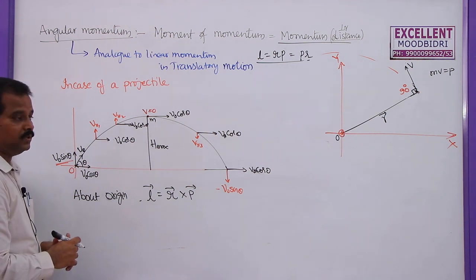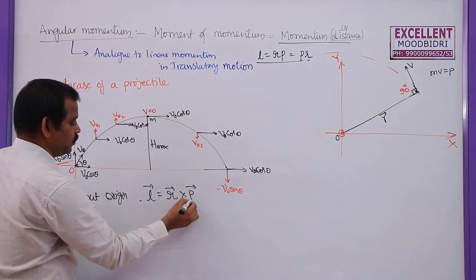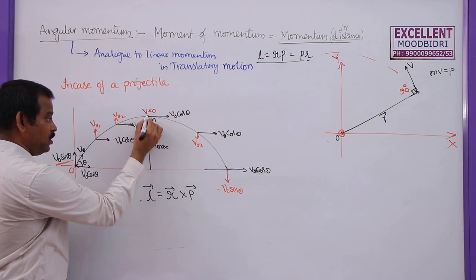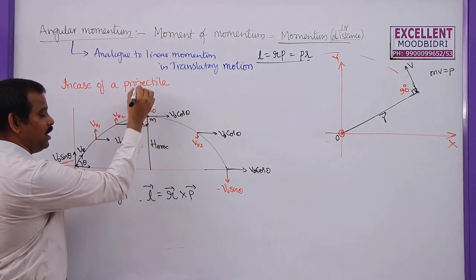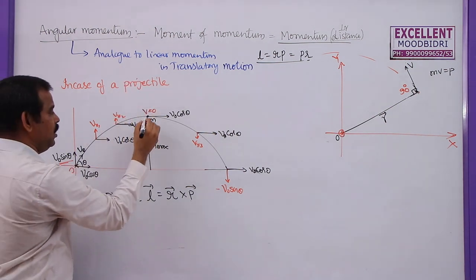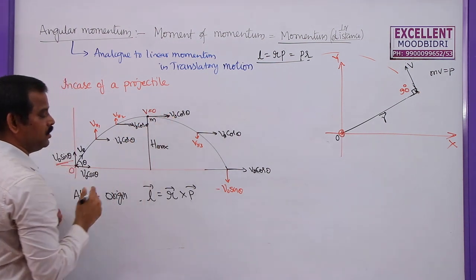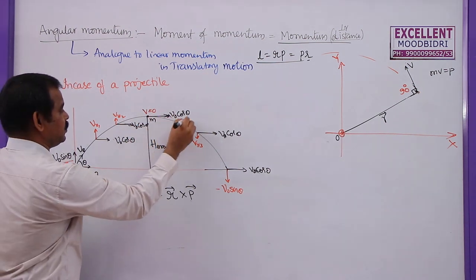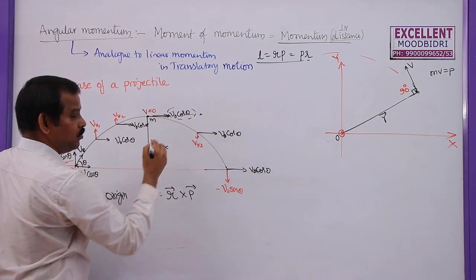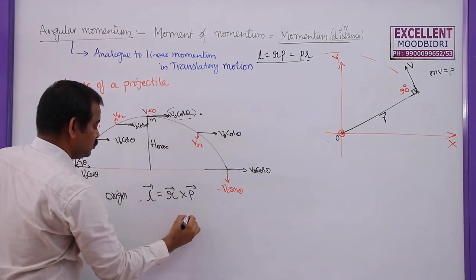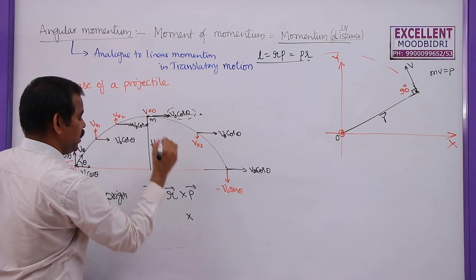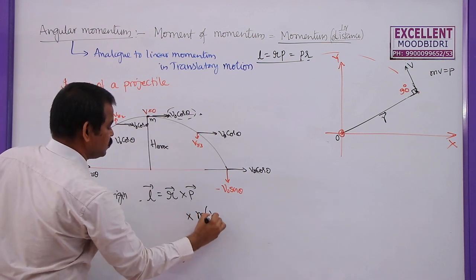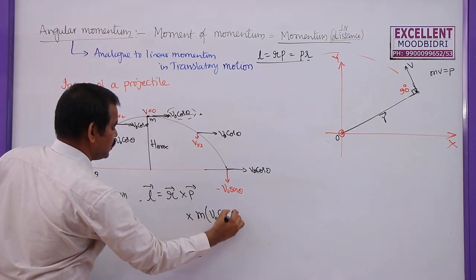First of all, let me find out the momentum of this particle. We know that the particle will not have any velocity in the vertical direction here. It has velocity only in the horizontal direction, so it will have momentum only in the horizontal direction. So the momentum at this point is mass into v naught cos theta.